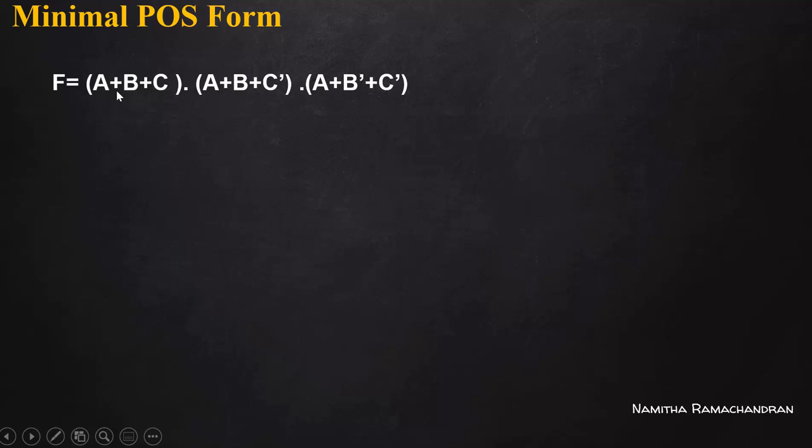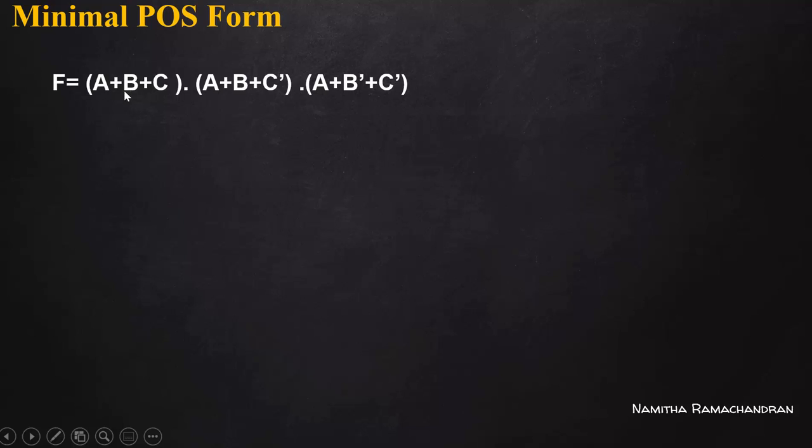The function is represented using three variables a, b, c, and the max terms are like a plus b plus c, a plus b plus c complement, a plus b complement plus c complement. They are connected using logical AND operation and generate the standard POS form, canonical POS form. Okay, now consider these two max terms.